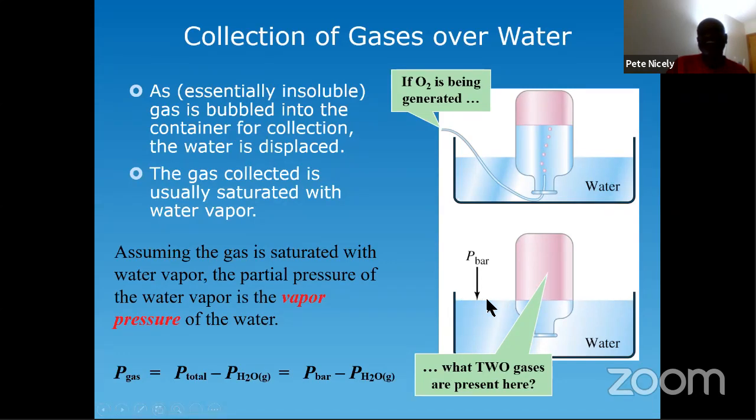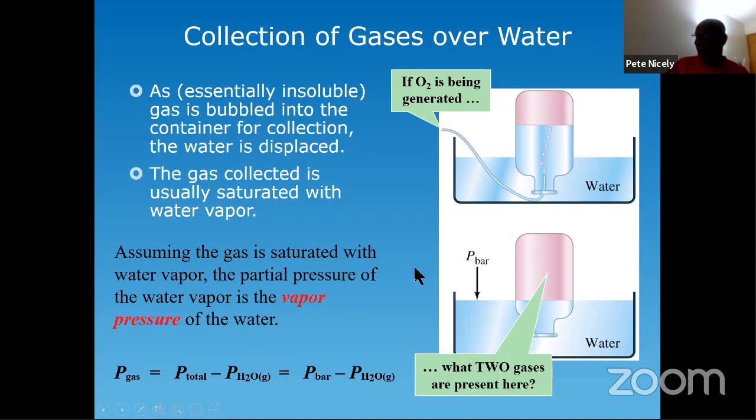So typically when this experiment is done, we collect the gas until the water level inside the jar is at the same level as the water level outside the jar in the trough, right? And we do that because we want to make sure that the atmospheric pressure, or barometric pressure, that acts on the surface of the water outside would be equal to the pressure of the gaseous mixture that is inside, right?